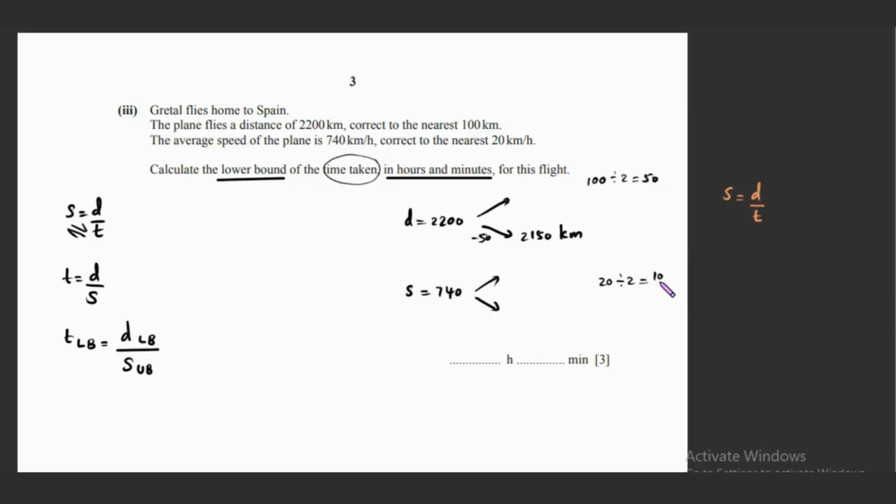We need the upper bound, so we need to add 10, which is 750, but this is in kilometers per hour, which means the distance, that is 2,150 kilometers, should be divided by 750 kilometers per hour. So when we do this, we are going to see what we end up getting.